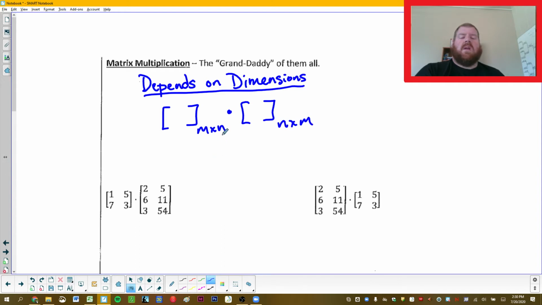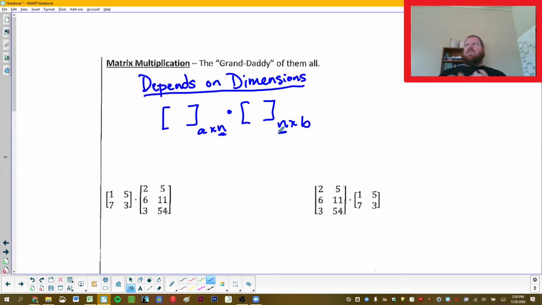That's the only time that I can do it. Usually we talk about a general matrix as being m by n. I'm going to say a by n, and n by b. Those outside two don't have to match up, but the inside two do have to match up.